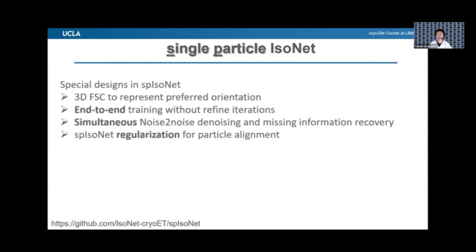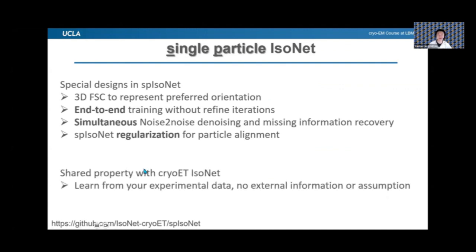Then we developed a single particle isoNet for doing that. This is a special design. We use a three-dimensional Fourier shell correlation to tell you where the single particle reconstruction has the missing information in Fourier space.